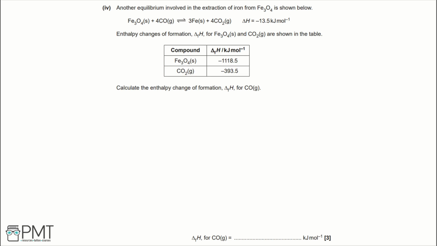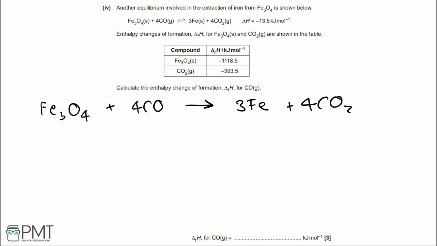To begin this question, let's rewrite the equation because then we can write a Hess's triangle, and that will help us to calculate the enthalpy change of formation of carbon monoxide. We have the enthalpy changes of formation of Fe3O4, so we can add that into our Hess's triangle.